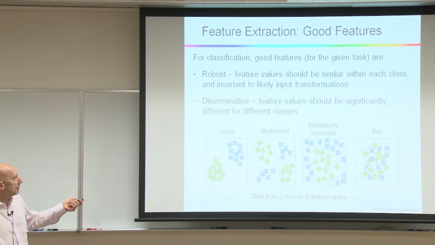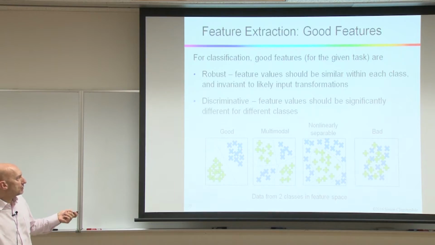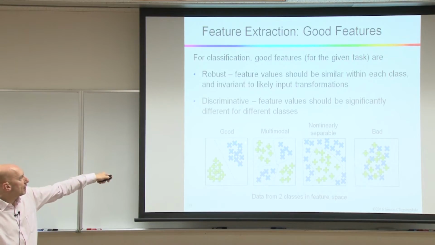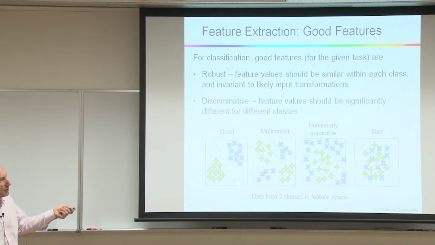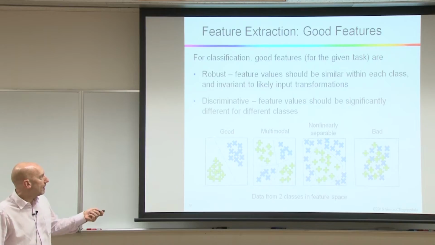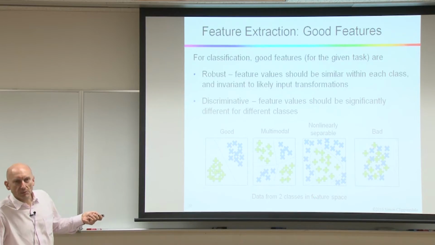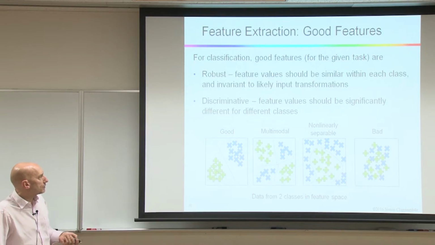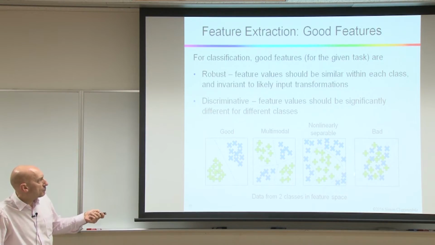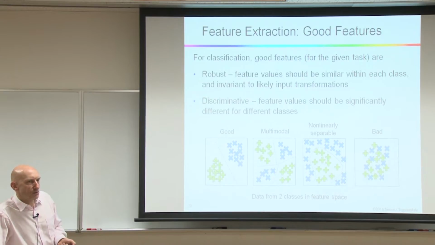So here's a good example where our features cluster very nicely. If these all come from person A and these all come from person B, then we have a pretty good shot of discriminating using a fairly simple discriminant. This is not quite so good, but still not bad, where we have a multimodal feature space. In this case, we can separate these feature vectors, but we're going to need some kind of non-linear boundary to do it.